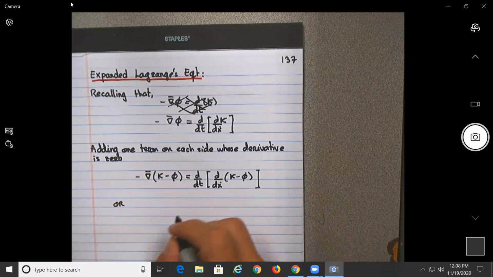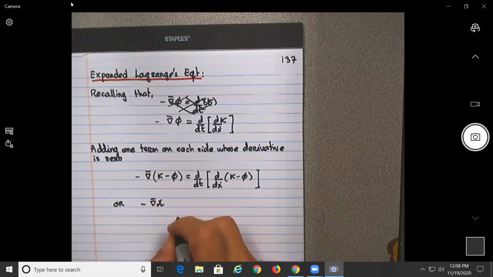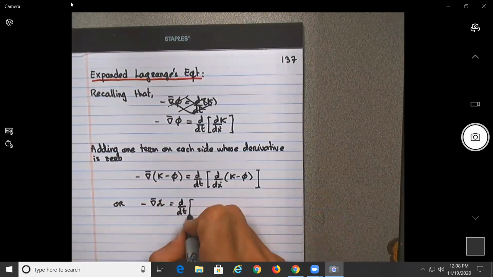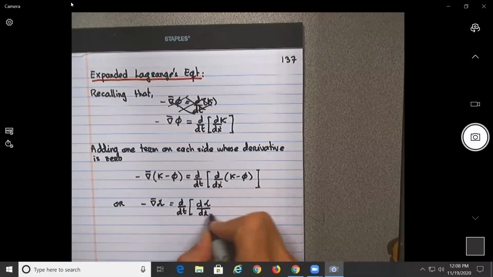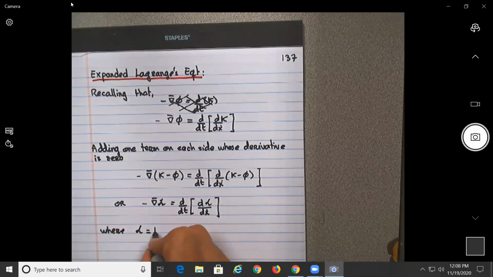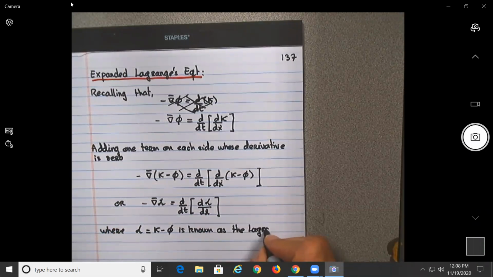Or this is just defined as minus del of L equal to d/dt of dL/dx dot, where you can imagine that this L, which is k minus phi, is known as the Lagrangian.